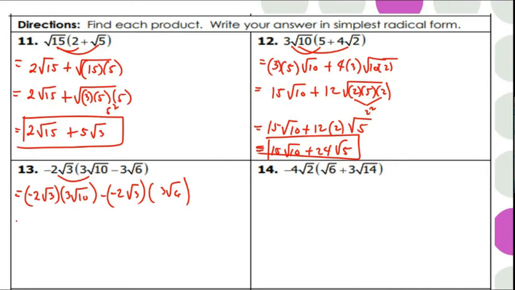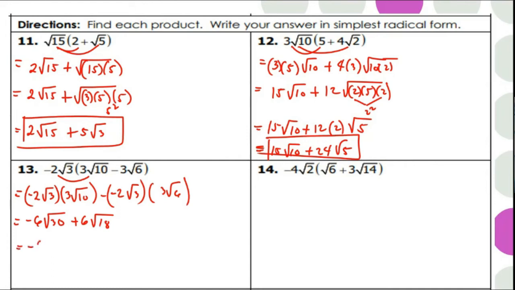So continue. We will have negative 2 times 3 is 6, square root of 3 times 10 is 30, minus negative 2 times negative 3 is 6. So negative times negative will become positive 6, square root of 3 times 6 is 18.